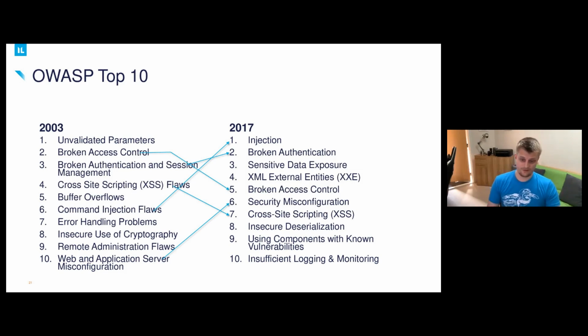So 2003 was the very first list, and 2017 is the current list. There's a new one coming out soon, I think this month, but this is what we have to go on. And if you have a look, at least half of the list from 2003, which is 18 years ago, if that's correct, we're still dealing with today.